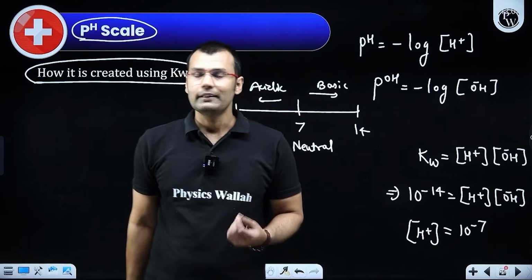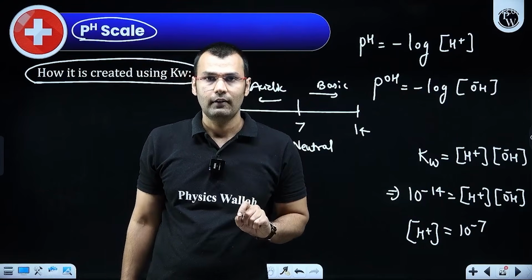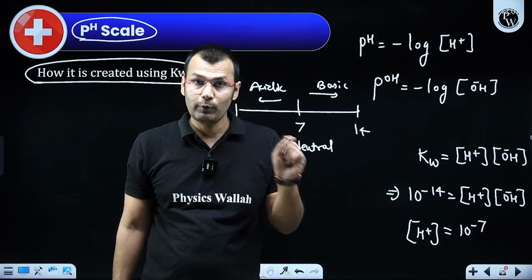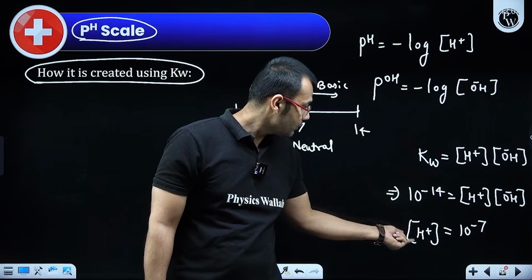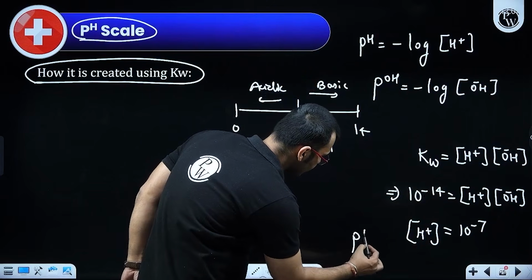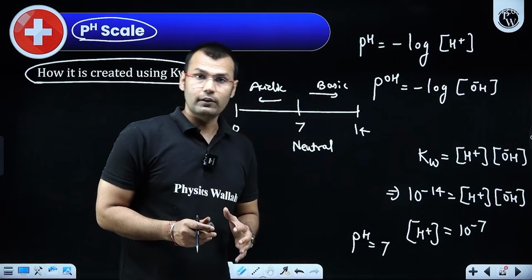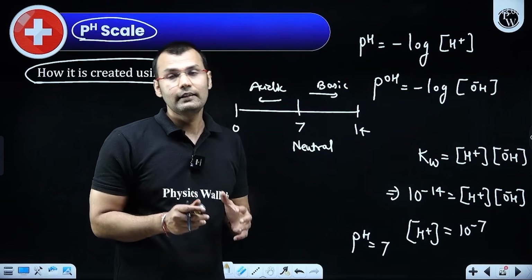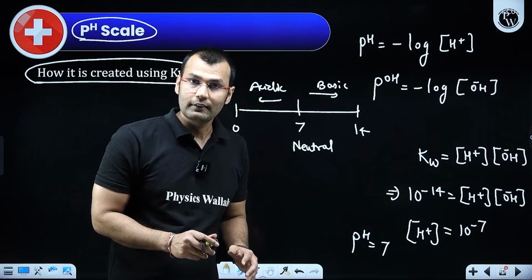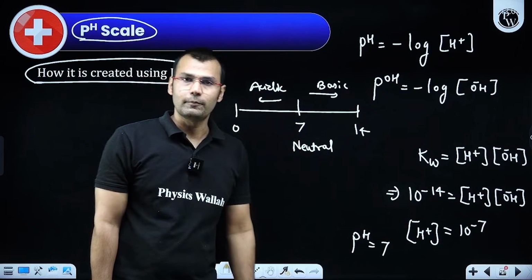Pure water is neutral, and if you calculate its pH, it will come out 7. So because water is neutral and at 25 degrees C its pH is 7, that's the reason we say that at pH 7 your solution will be neutral, right?